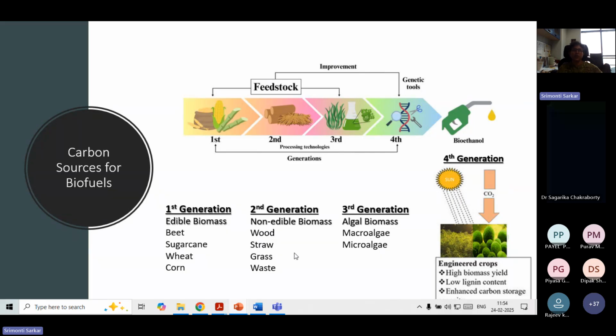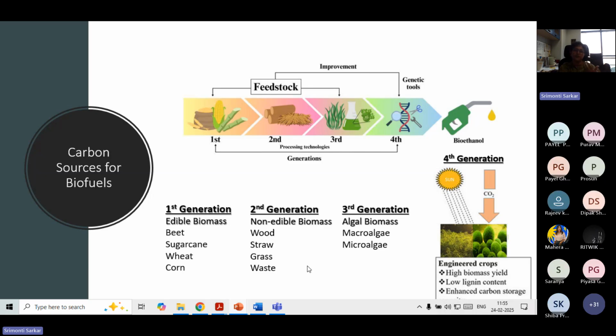All of you know that there's this huge problem of crop residues in the country, and it contributes to pollution, especially in our national capital. So the straw, the leftover from agricultural activity, can be used for biofuel production. Grass that grows, so I talked about kashful. This is again grass that is not edible but grows wild, that can be used. And then there is also waste.